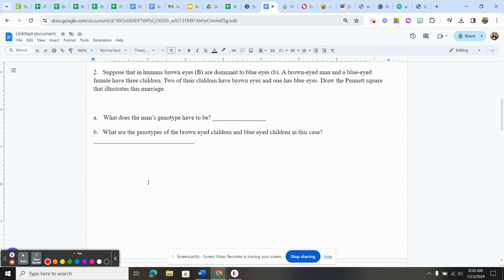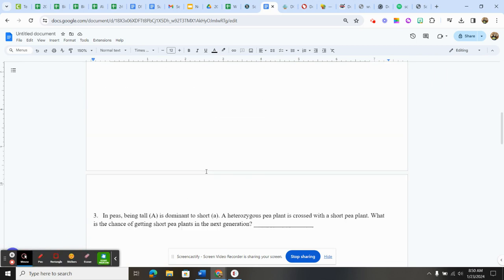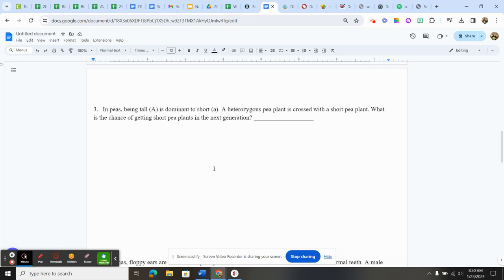All right, and then the next one. In peas, being tall is dominant to short. If we have a heterozygous pea plant, so big A, little a, crossed with a short plant, so that's going to be little a, what's the chance of getting short plants in the next generation?